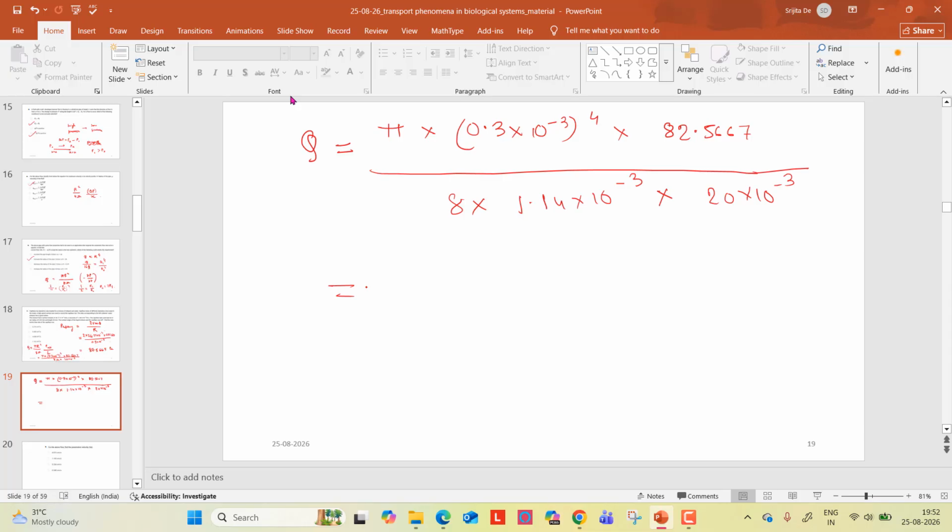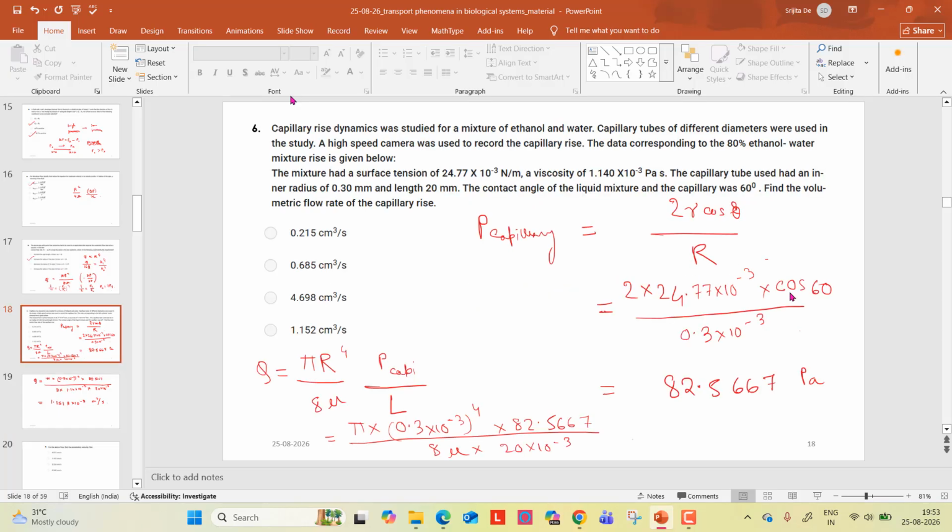So it will be overall 10 to the power minus 6. So it is coming as 1.1513 into 10 to the power minus 8 meter cube per second. Okay. So now it is said that it has to be in centimeter cube per second, right?